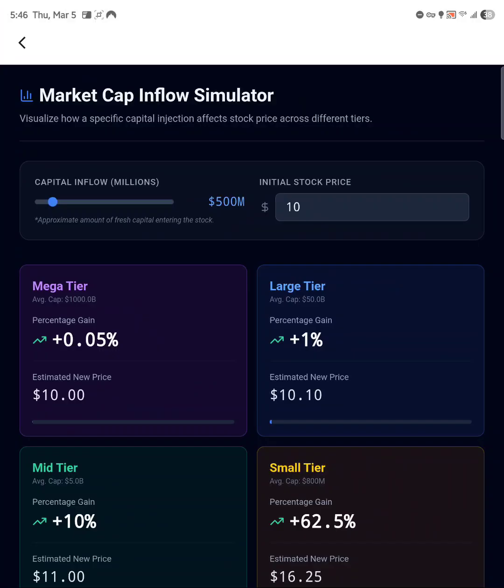Using AI, I created this simulator. So let's say the stock price is 10, and in each tier, we are going to be putting, let's say, $1 billion. Or let's just say 100 million.